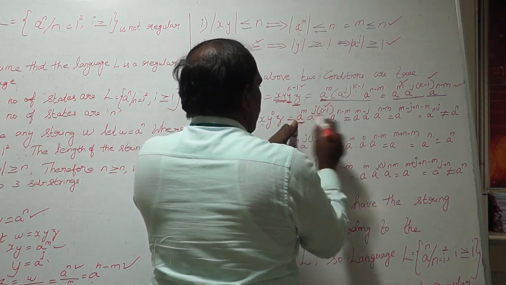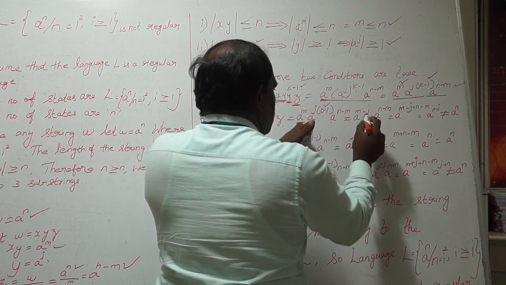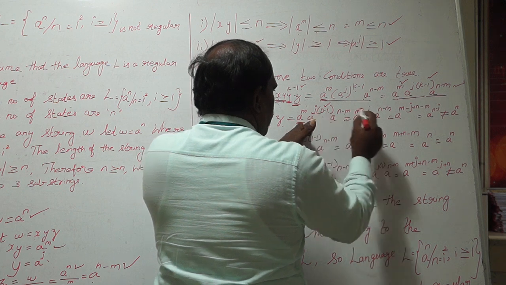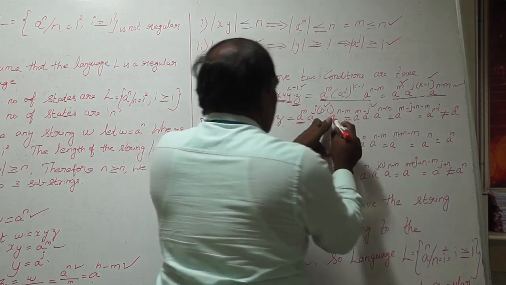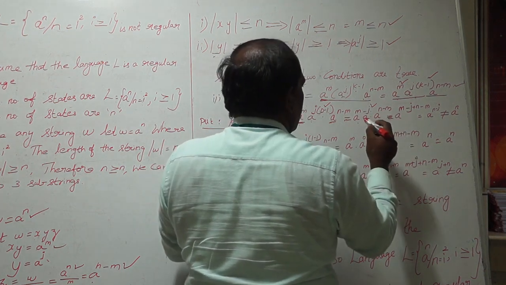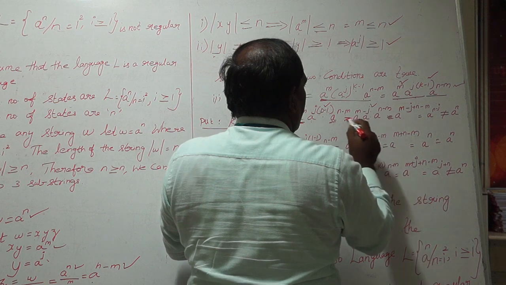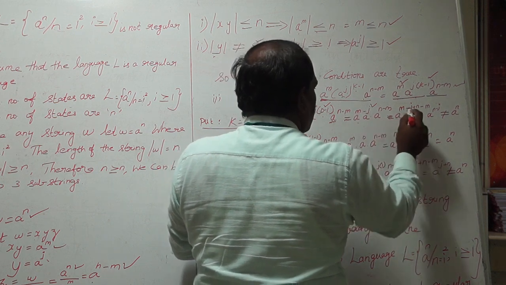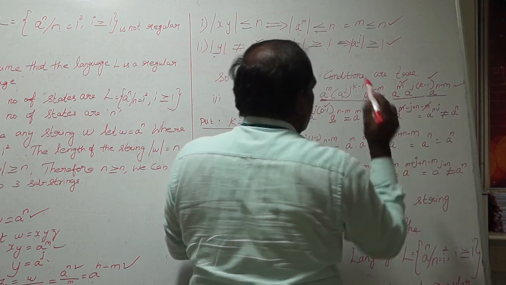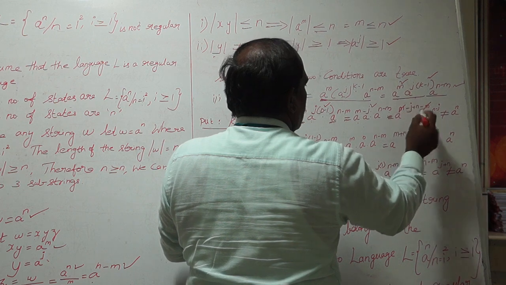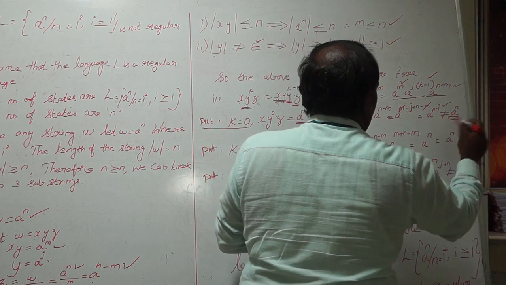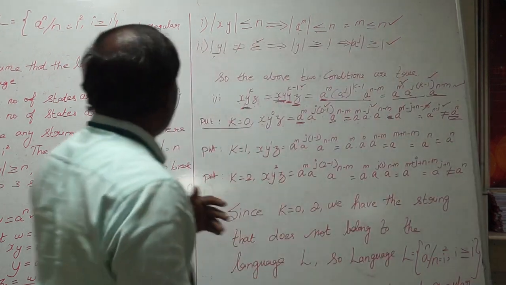This gives a^(m-j), the multiplication of j with minus 1 giving a^(-j), followed by a^(n-m). This summarizes as a^(m-j+n-m). The m and minus m cancel, so we get a^(n-j), which is not equal to a^n, the original length.